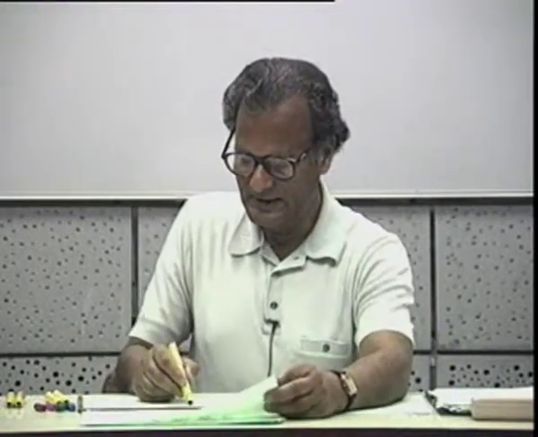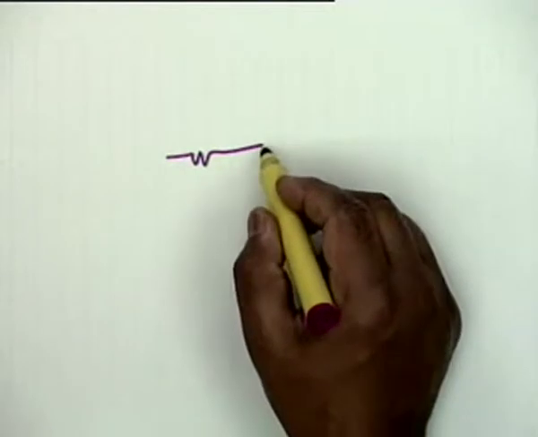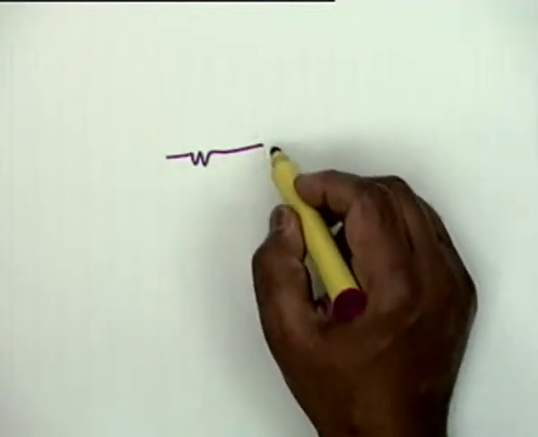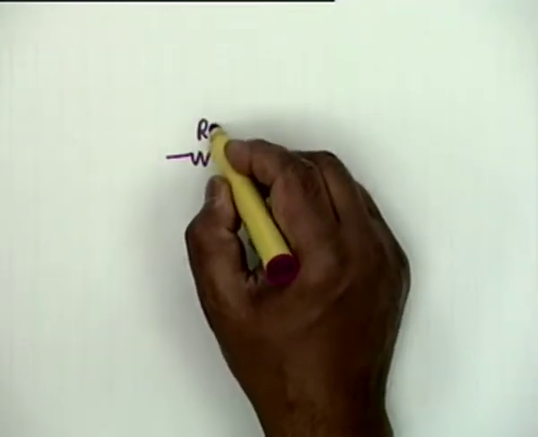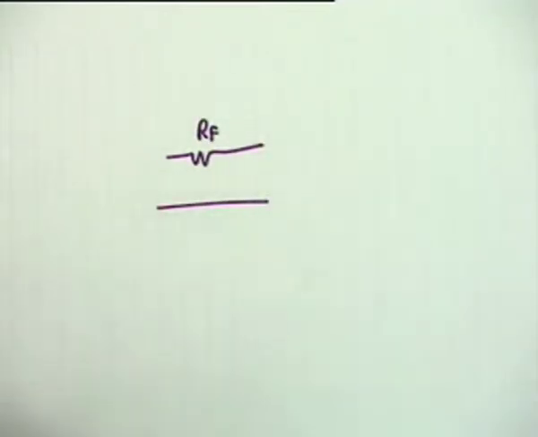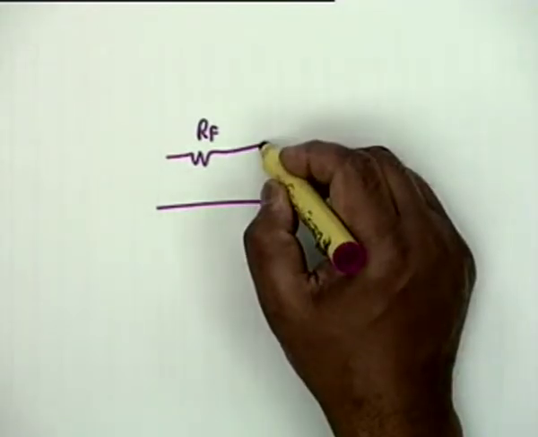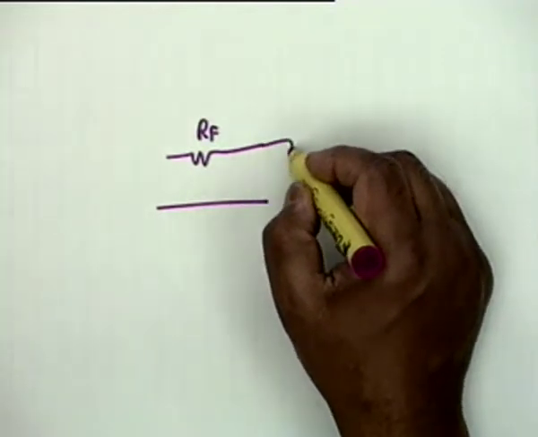For the beta circuit, let us look at the beta circuit. What you have to apply is, beta circuit is simply this RF. This is the 2-port circuit, isn't it? What you have to apply is current source or voltage source? Current source.